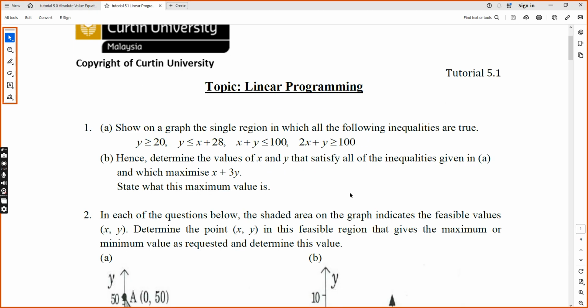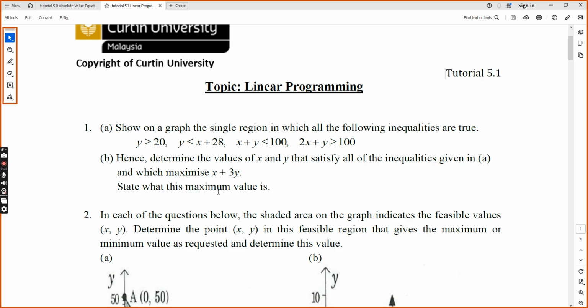For the first question, show on a graph the single region in which all of the following inequalities are true. We have more than one inequality here, we have 4 right now. Then they ask us to determine the values of x and y that satisfy all of the inequalities given in A, which maximize x plus 3y.